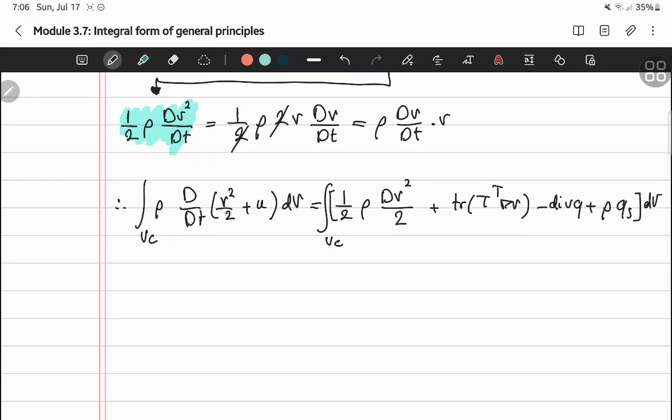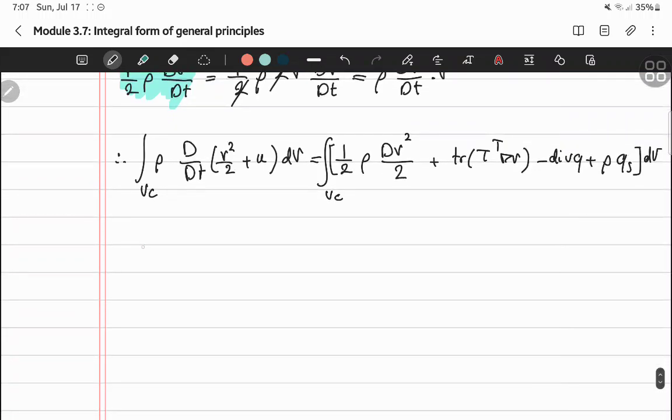So if we expand this, rho dv squared, and this is half, right?